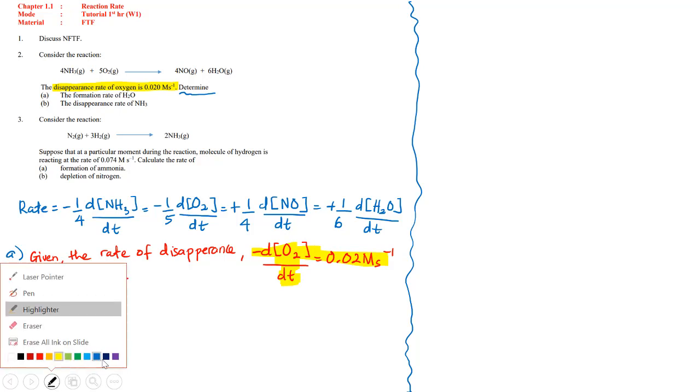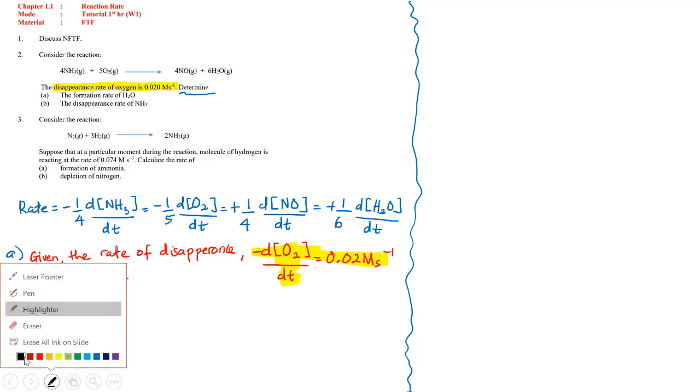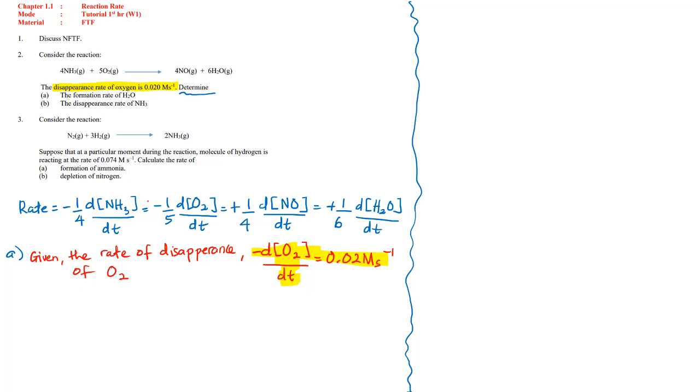Okay, so how are we going to compare the rate that we want with the one that we have in the question? Please refer here. We have this one, and we are going to relate it with this one.